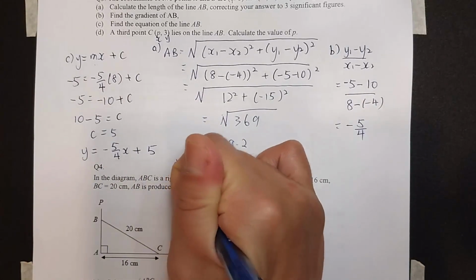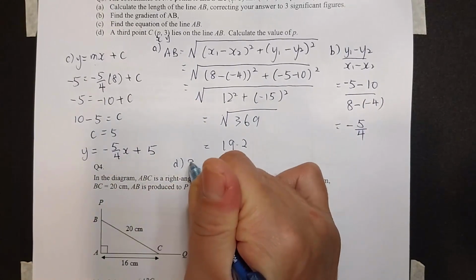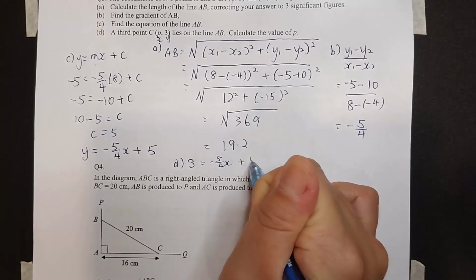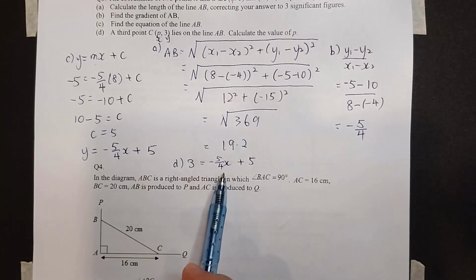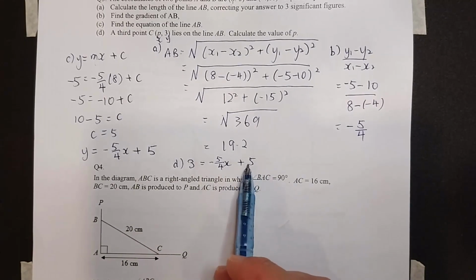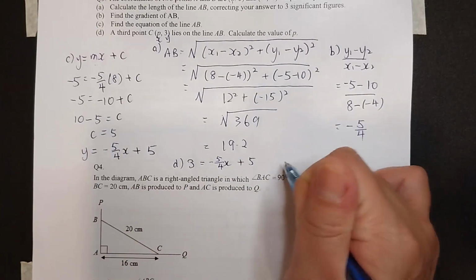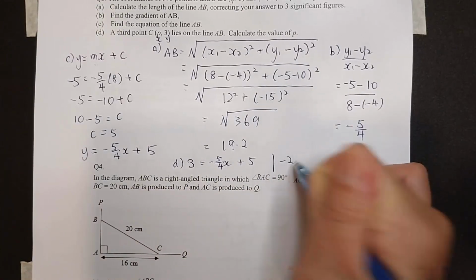So for the last part, we just substitute 3 here equals -5/4 x plus 5. Since x is the only unknown, we will be able to find it. Let's just remove this first by bringing over 5. 3 minus 5 is -2.